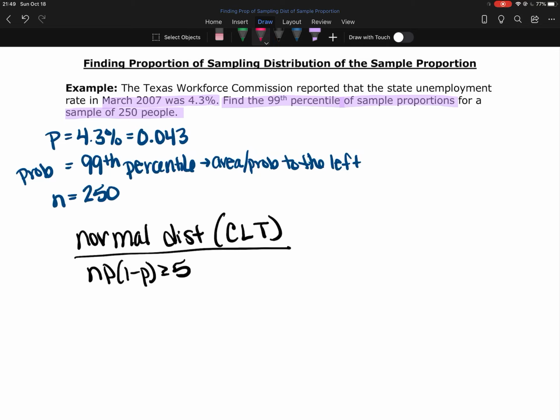Even though I've already checked this a couple of times in previous videos, I want to keep building those good habits, because it has to be normal for me to use the 4-step process that I'm going to jump into now. This multiplication works out to 10.3, which is bigger than 5, so it is a normal distribution.